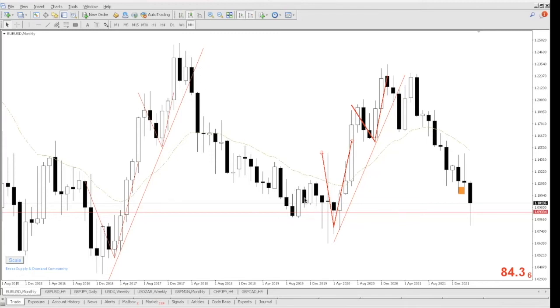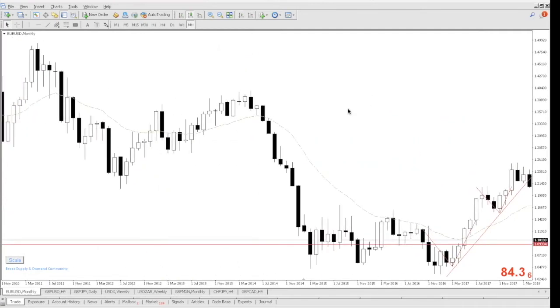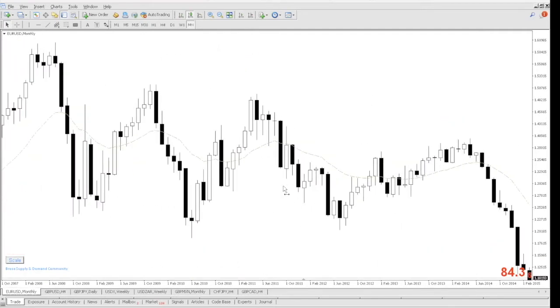I'll get to the bearish one. For now, we are still learning about the bullish one, meaning when price is going up, right? So let's scroll further and see what happened.